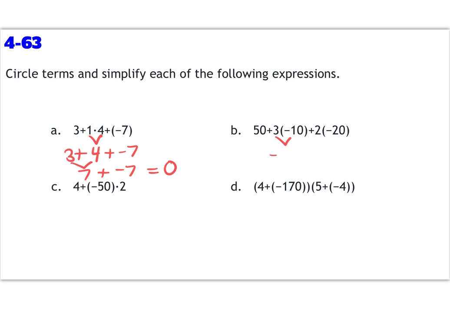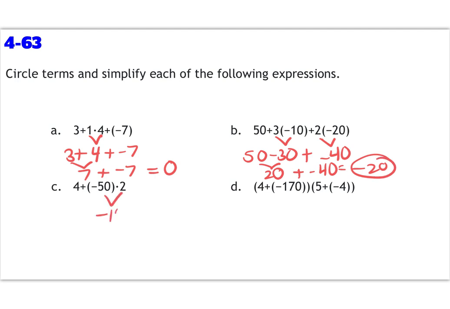Multiplication comes first in order of operations. $50 take away 30. $20 plus negative 40 would be negative 20.